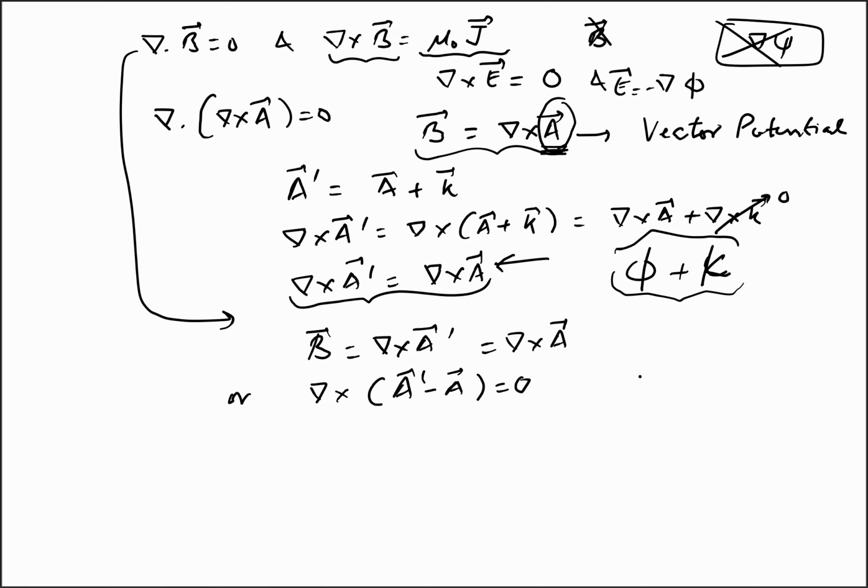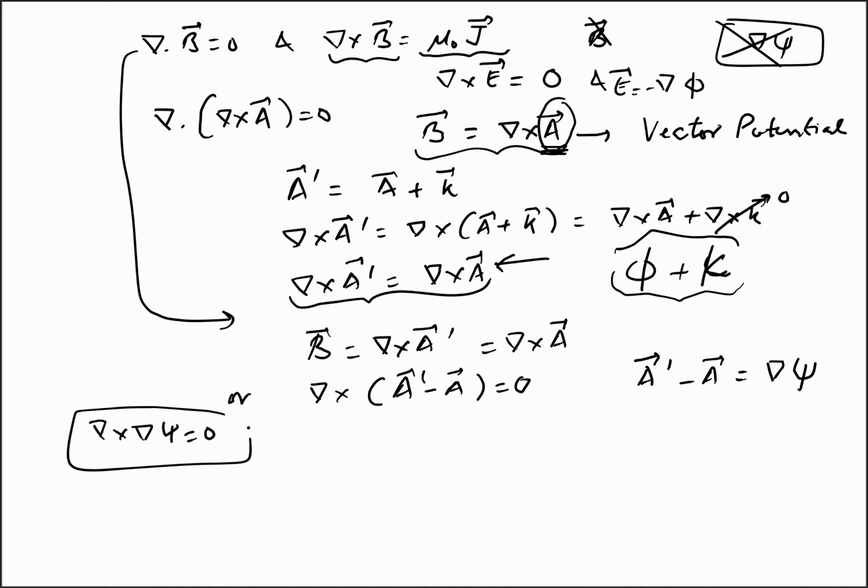It means that this A dash minus A can be written as the gradient of some scalar quantity, because gradient always has its curl equal to 0. So I can write that A dash is equal to A plus the gradient of this quantity.